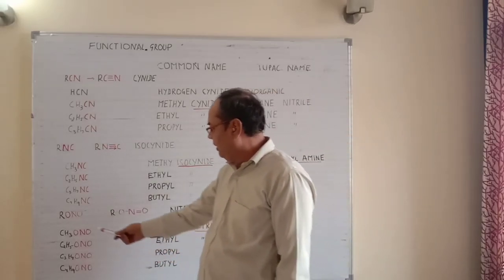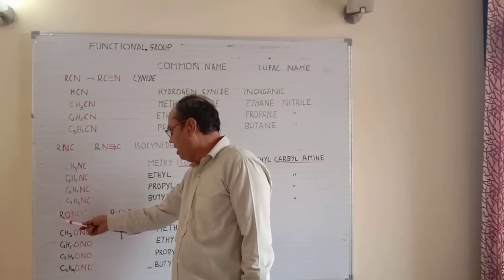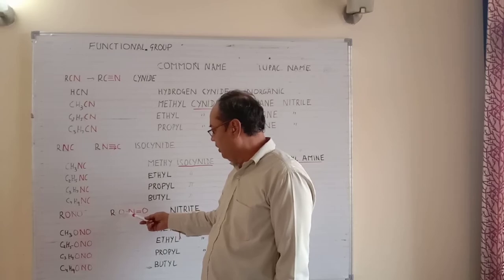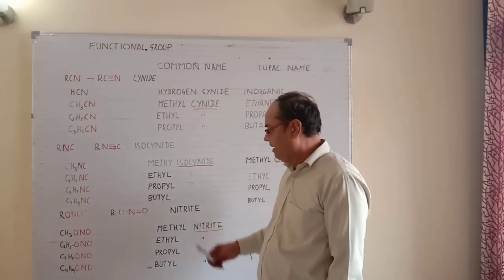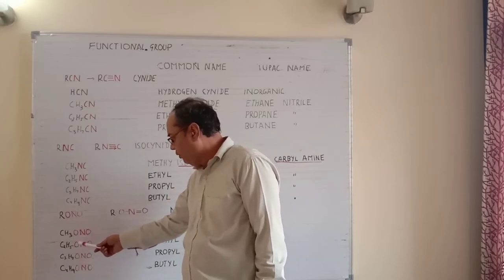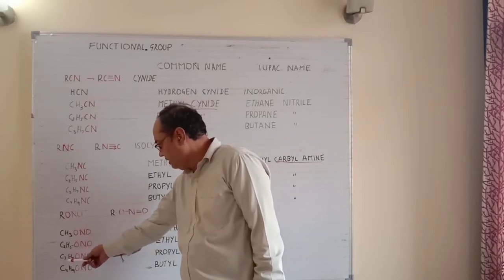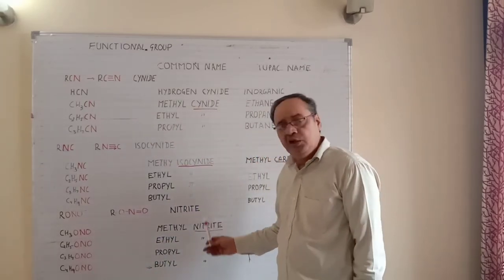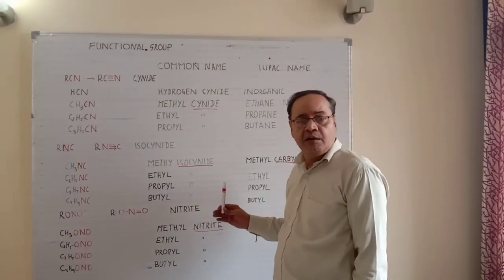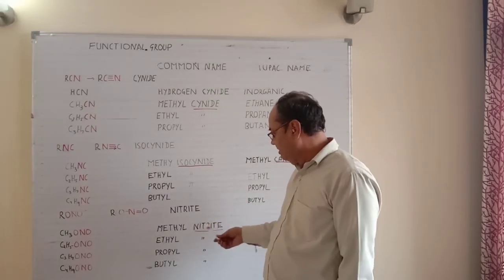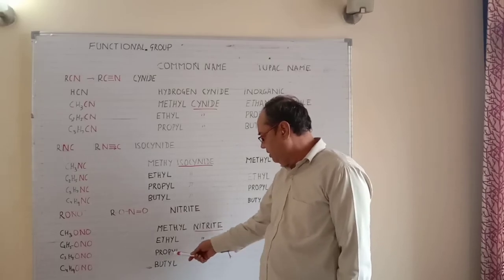Next group we have is the nitrite, that is RONO. Structure is R single bond O, single bond N and double bond O. The group is nitrite. So the first member is CH3ONO, C2H5ONO, C3H7ONO, C4H9ONO. So this has only one name. You can include that as a common name as well as an IUPAC name. So this is methyl nitrite, ethyl nitrite, propyl nitrite.